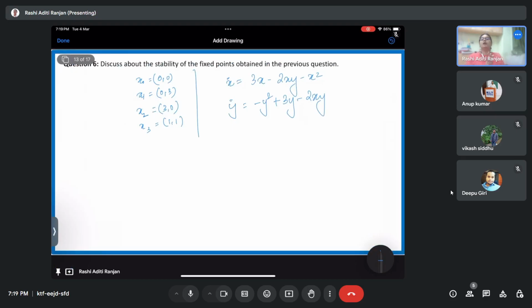Okay. So now since we are talking about stability, what are we supposed to do? We'll now switch to the Jacobian. For the Jacobian, we are going to write, if this is f1, this is f2, and if you remember, we write the Jacobian as, with entries 3 minus 2y and minus 2x.